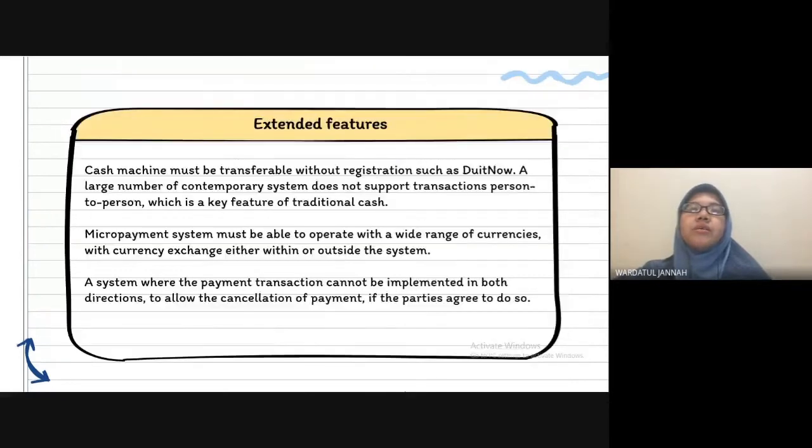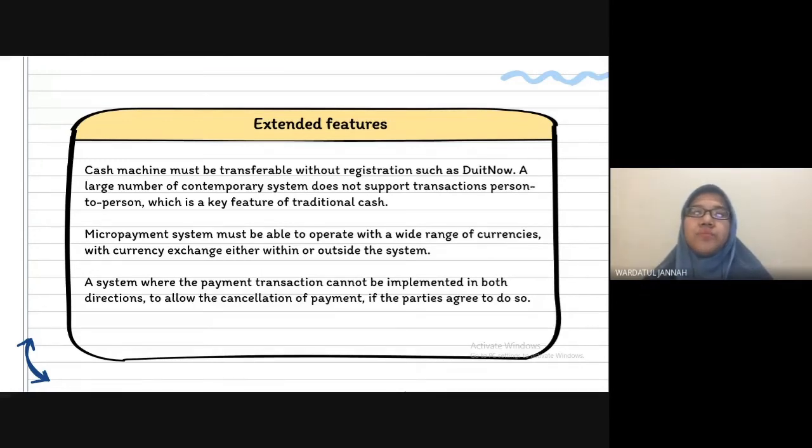Practice features. Number one, cash must be traceable without relation. A larger number of computerized systems does not support detection person to person, with a key feature of external cash.